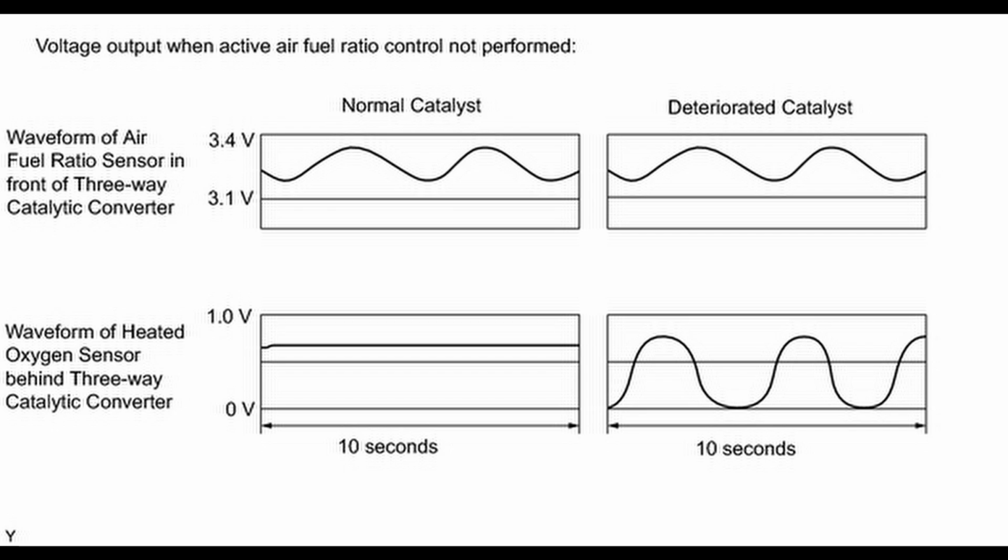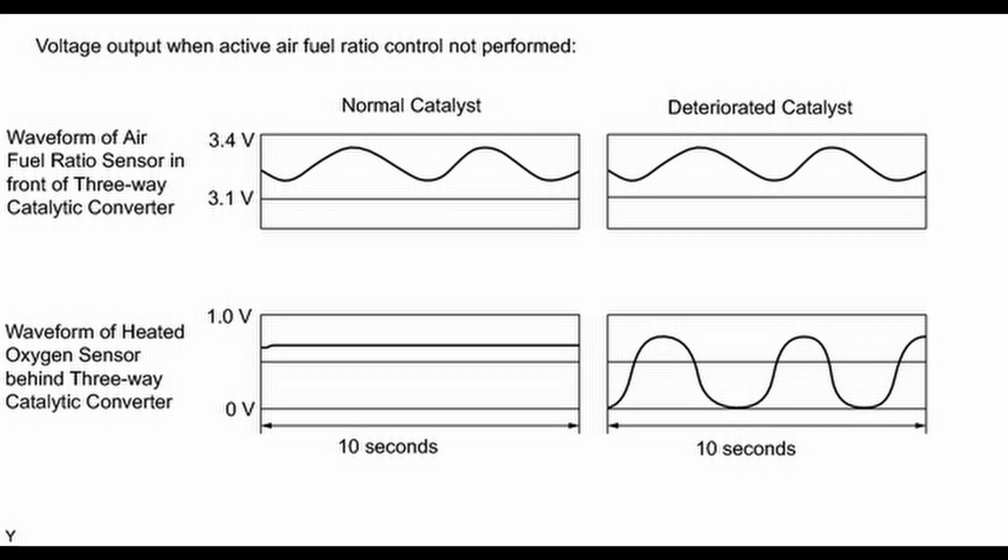So you have to make sure that you are doing this on a warmed up engine. The vehicle has warmed up and it's in closed loop mode. In open loop, the vehicle is not using any feedback, so it's using the engine coolant temperature sensor to adjust the air and fuel mixture, so it's not efficient.